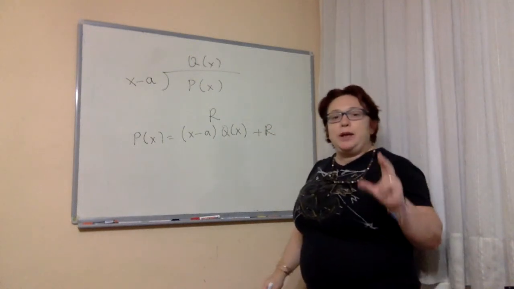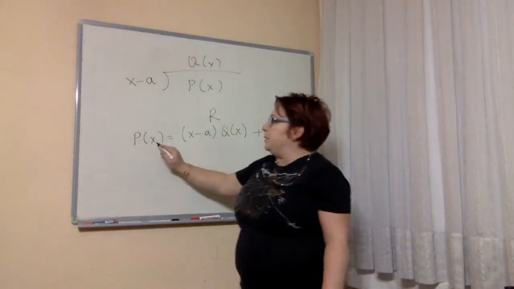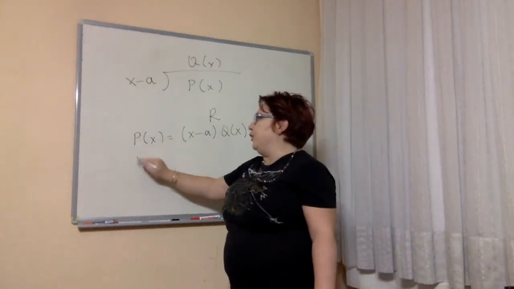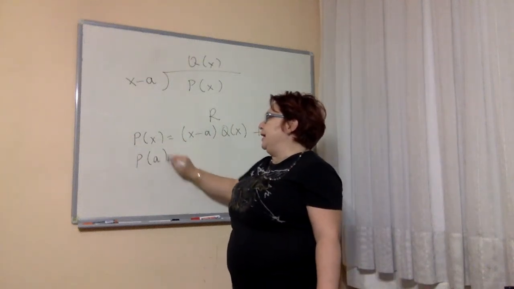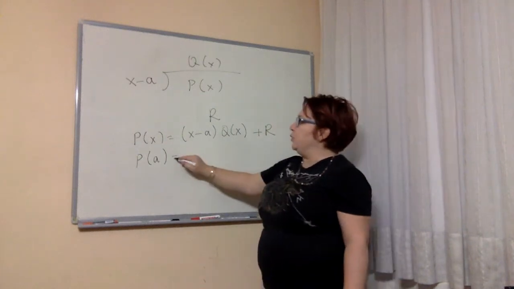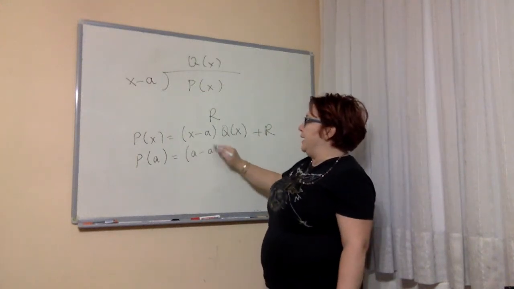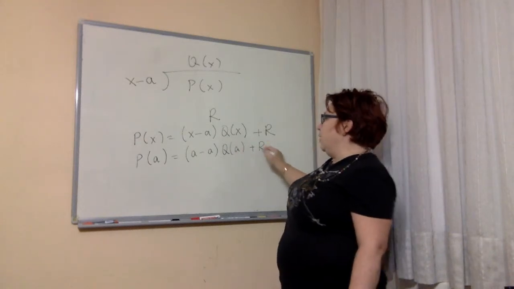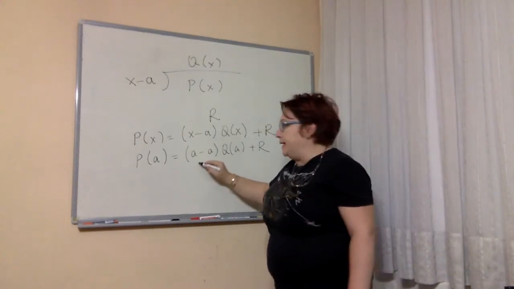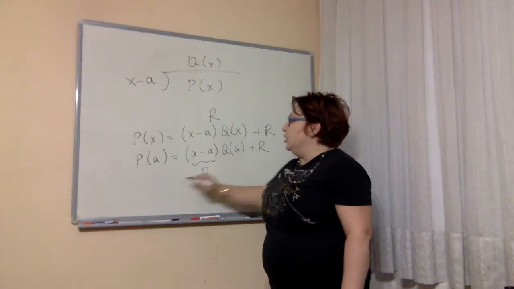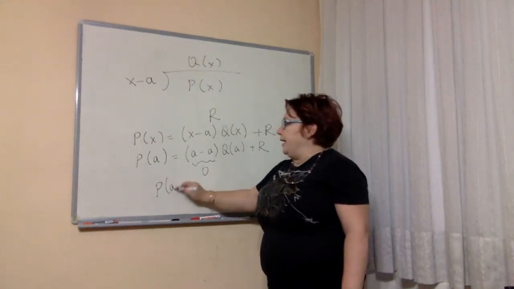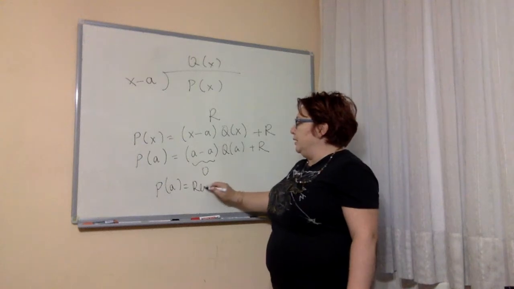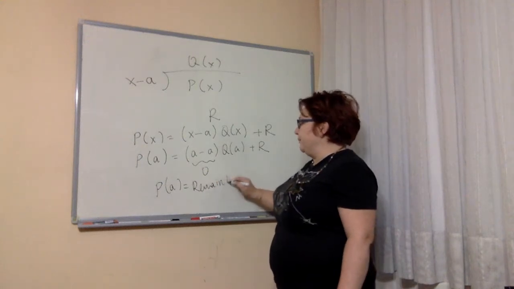Now, notice what happens when we plug in a for x. So if we take p of a, we get a minus a times q of a plus r, and a minus a is simply 0, so our p of a turns out to be the remainder.